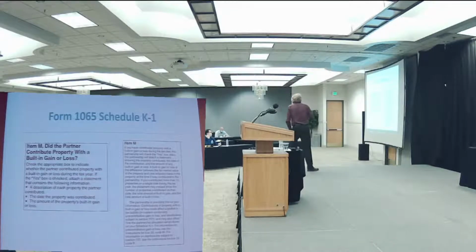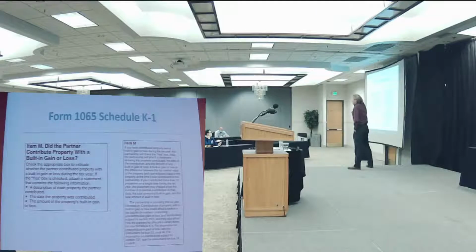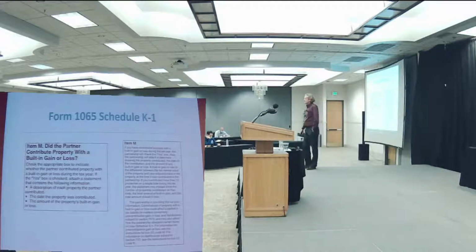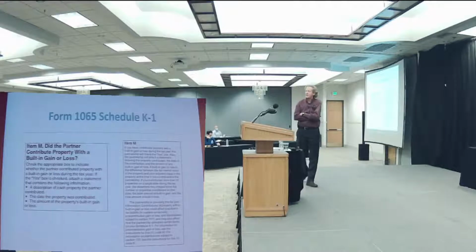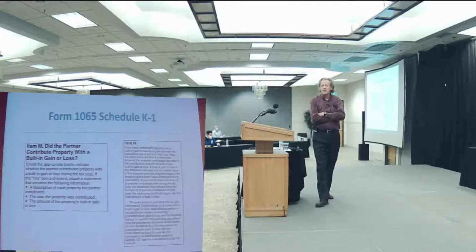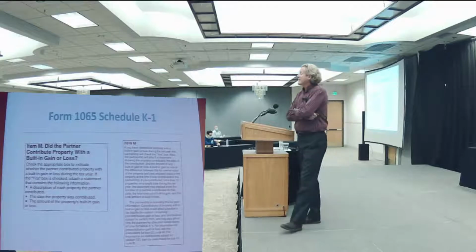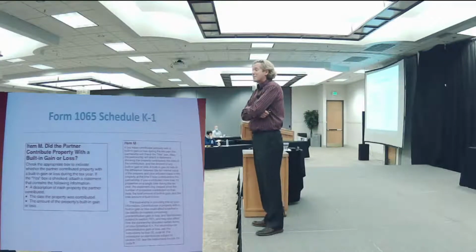And so if you did, on your K-1, for you and Dad forming a partnership, you put in cash, well, the answer is no. For your dad, you check the box yes, and you need to attach a statement, a piece of paper, a schedule, describing each asset your dad contributed to the partnership, the date of it, and the amount of its built-in gain or loss, the difference between its tax basis and fair market value, the beginning point of your carry-forward work paper.